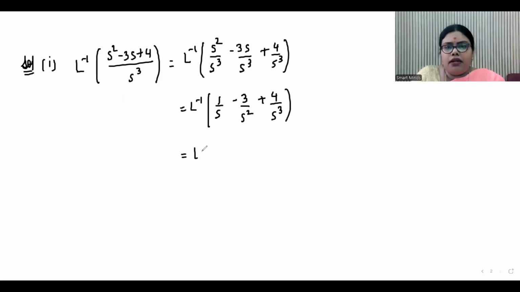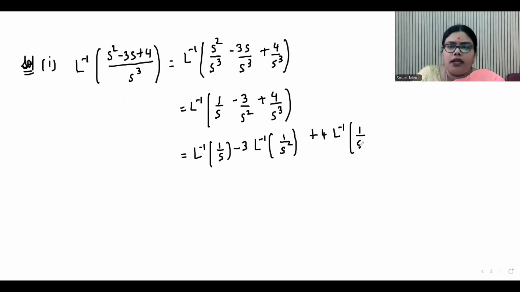Now let us separate it. L inverse of 1 by s, minus 3 is a constant, we will bring it out, L inverse of 1 by s square, plus 4 is a constant, L inverse of 1 by s cube.